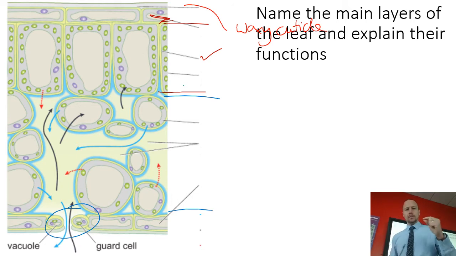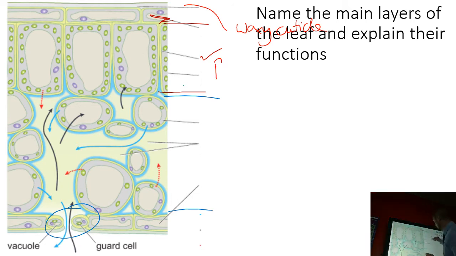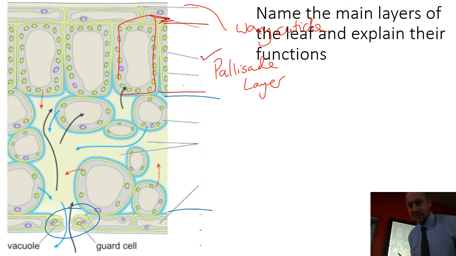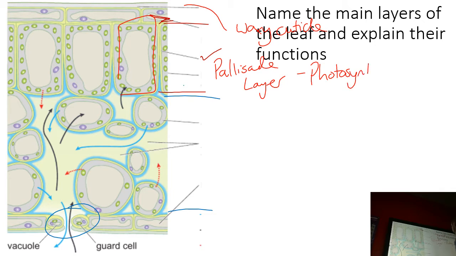Right, next bit. This is called the palisade layer, and these cells are called palisade cells. It's their job to do photosynthesis. So this is where most photosynthesis happens. You'll notice the cells underneath that also have chloroplasts.